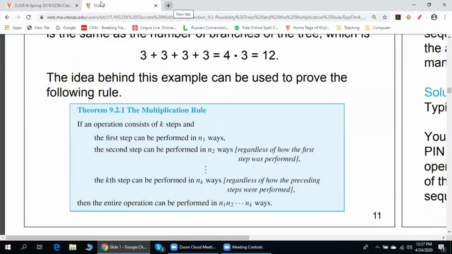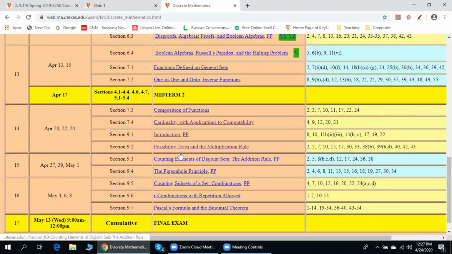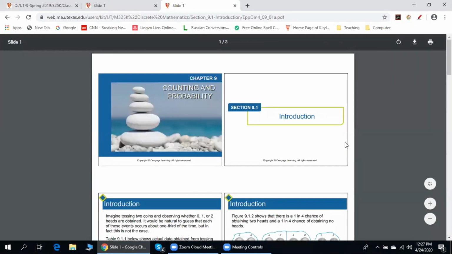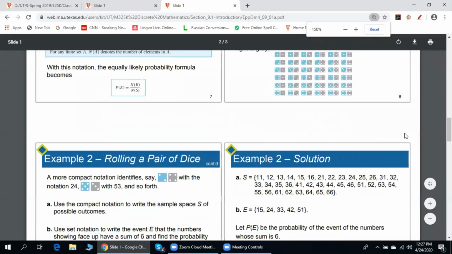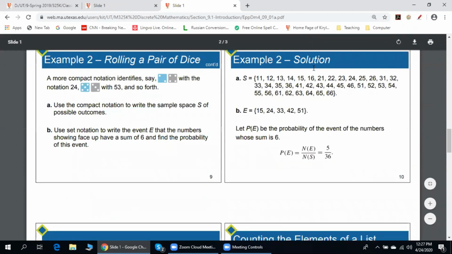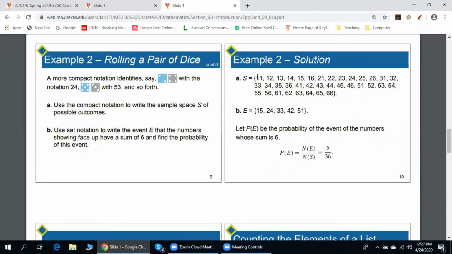Actually, it's exactly what we used when we counted the number of elements in this sample space over here in example 2. So we roll 2 dice. How many elements are in the sample space?